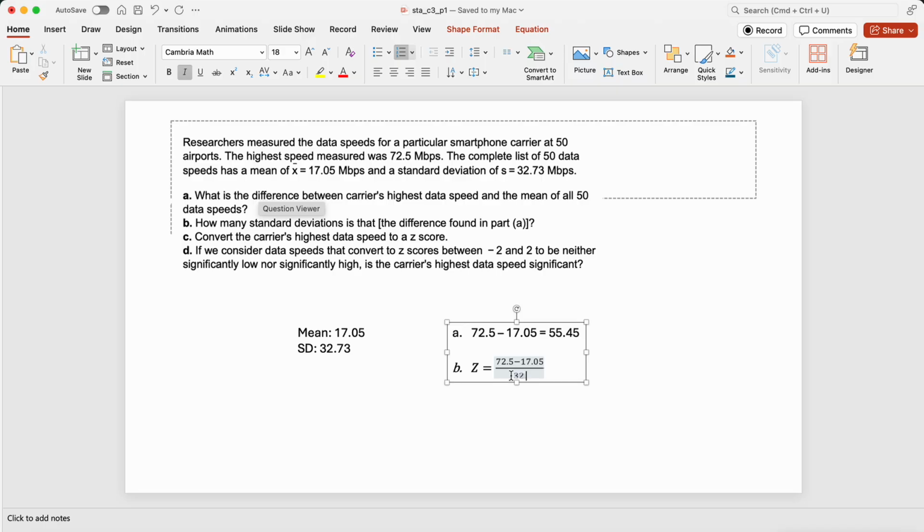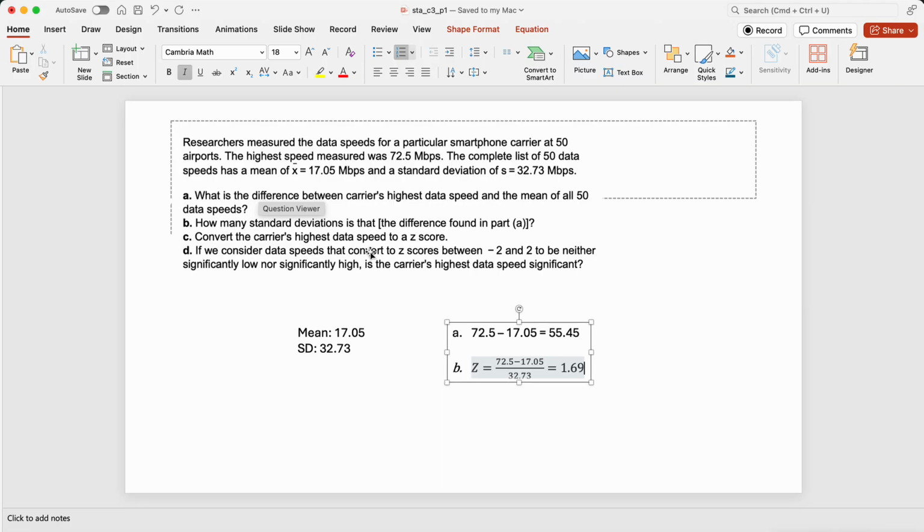On the bottom, they want you to divide that by the 32.73. And so again, let me use my calculator to do that. 32.73 dividing. I get 1.694, which I guess I'll go to 2 decimal places.